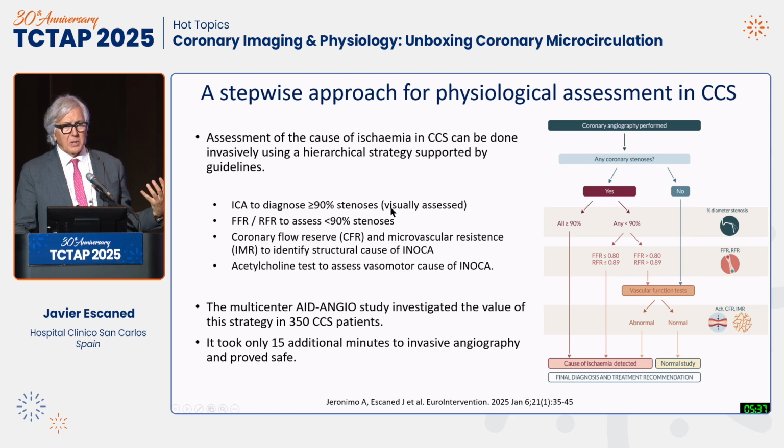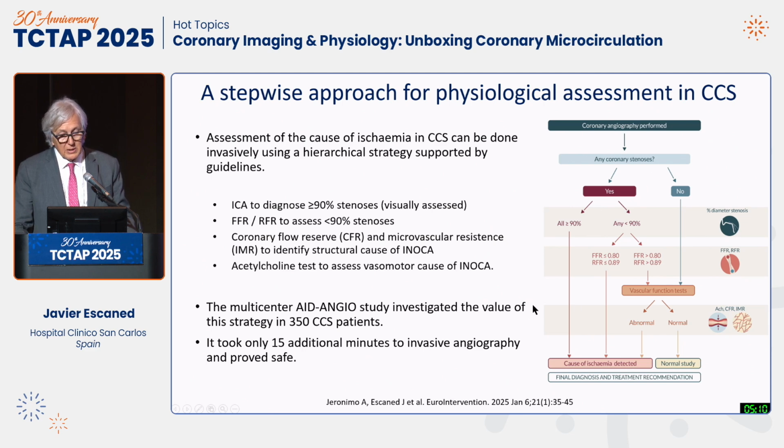That's for sure going to be generating ischemia in most cases. If you have less than 90% stenosis, you interrogate with a pressure guide wire. And in case the FFR or RFR or any of the physiological indices is negative, or in case you do not find any stenosis, then you assess the causes of non-obstructive ischemia using the acetylcholine test, measurement of coronary flow reserve, and resistance.